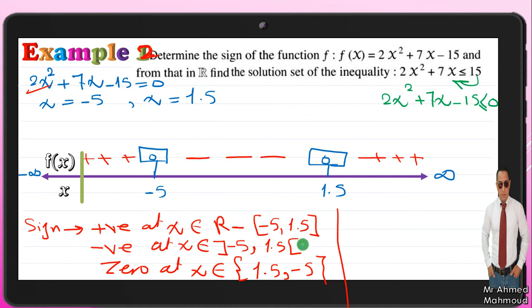I need this one and this one. So the negative and 0, it will be from negative 5 closed to 1.5 closed. So the solution set, the function less than or equal 0 at from negative 5 closed till 1.5 closed.